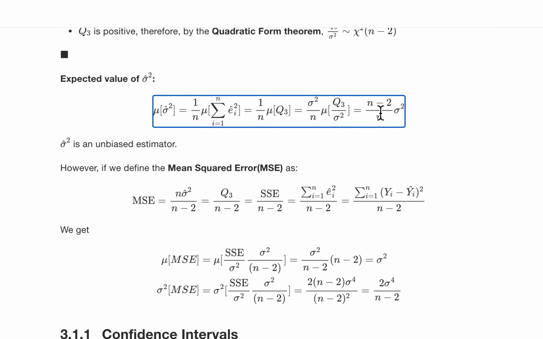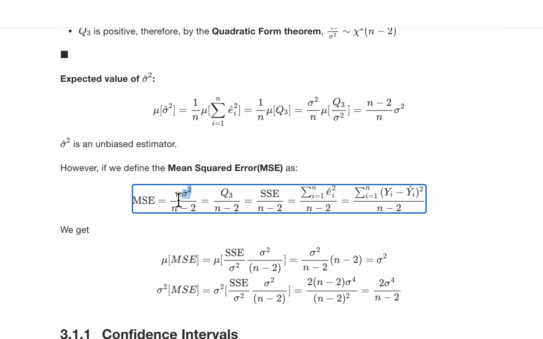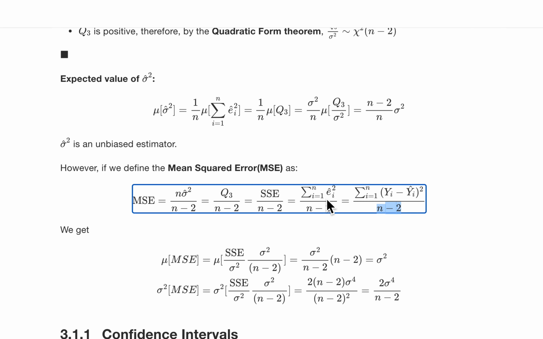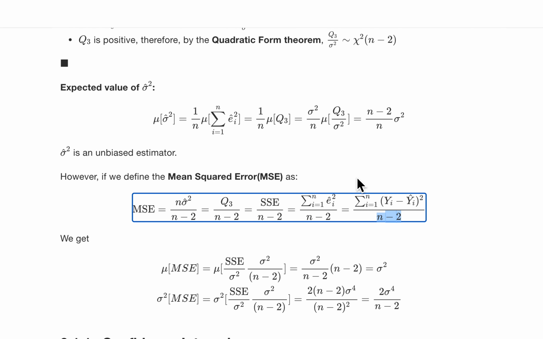If we reverse the n and n minus 2 and take the expected value, if we multiply the sigma squared hat by n divided by n minus 2, then this is called mean square error. If we plug in the sigma squared hat, the mean square error is actually the SSE, sum of square errors, divided by its degrees of freedom, which is n minus 2. We just proved that.